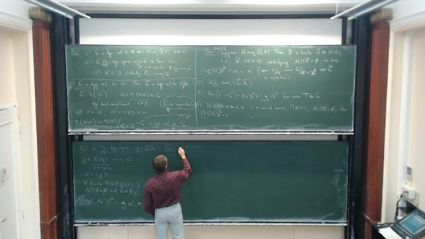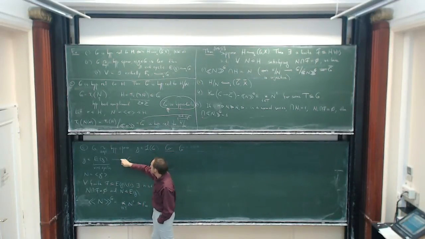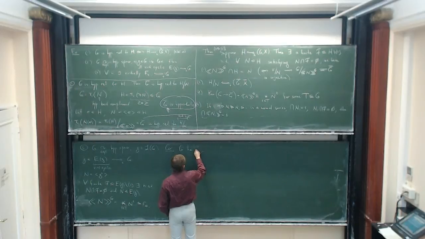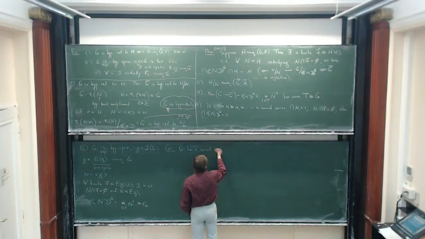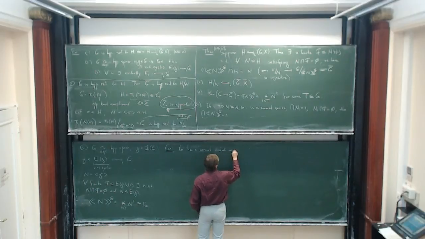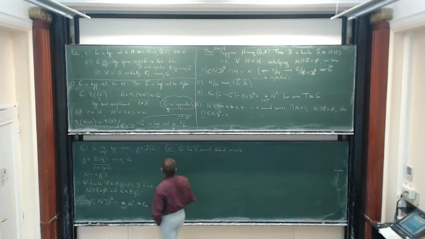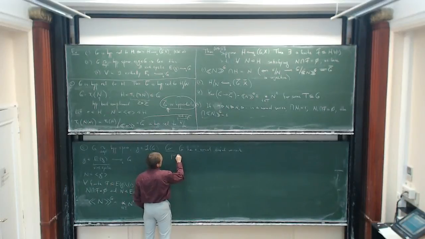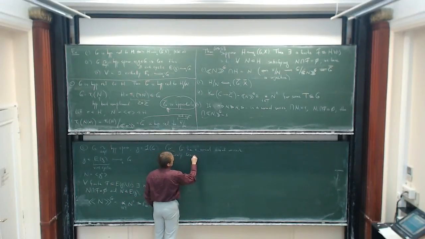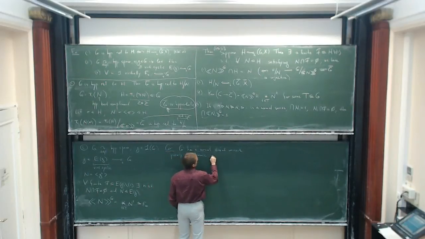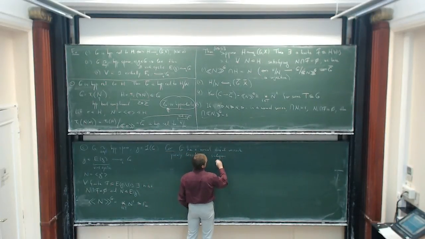The corollary is that G, where G is as here, a group acting acylindrically on a hyperbolic space, has a normal free purely loxodromic subgroup of infinite rank, normal subgroup.